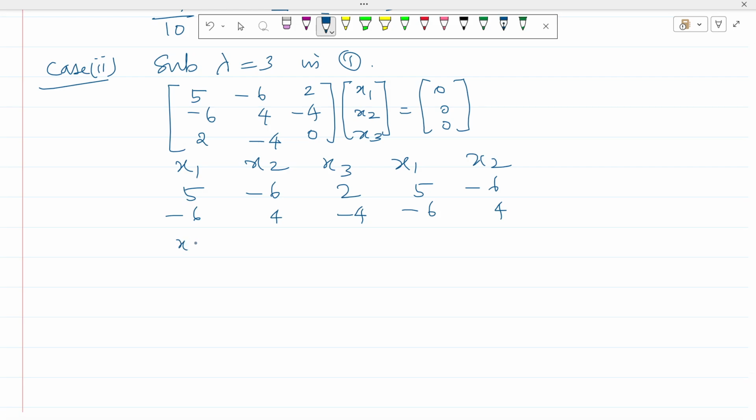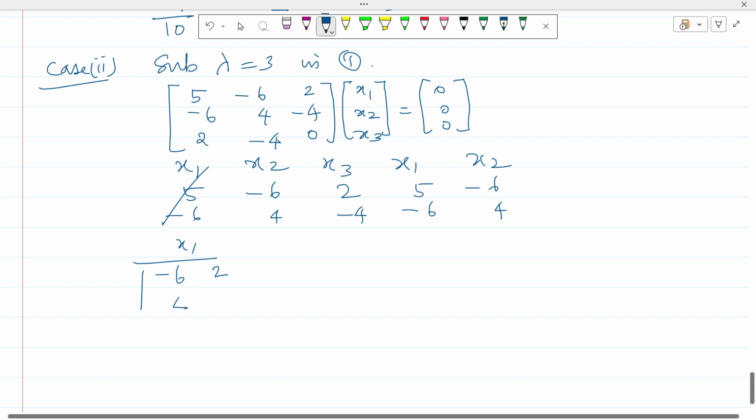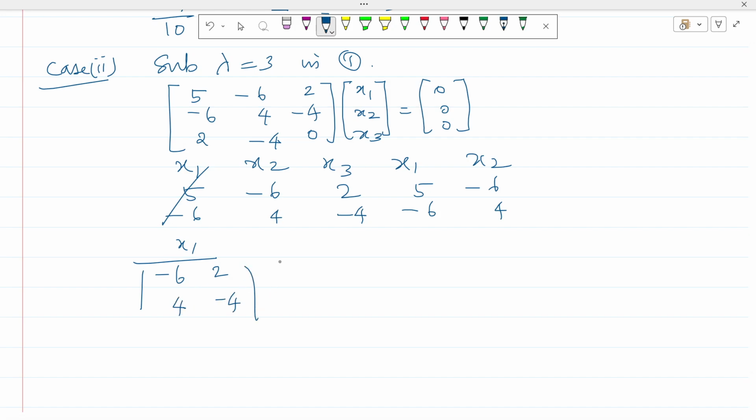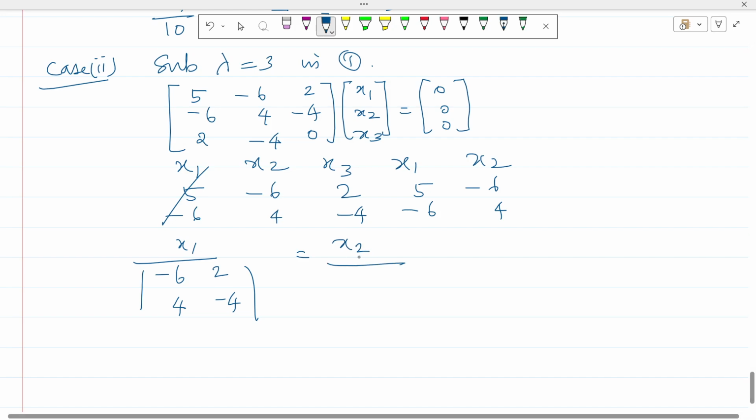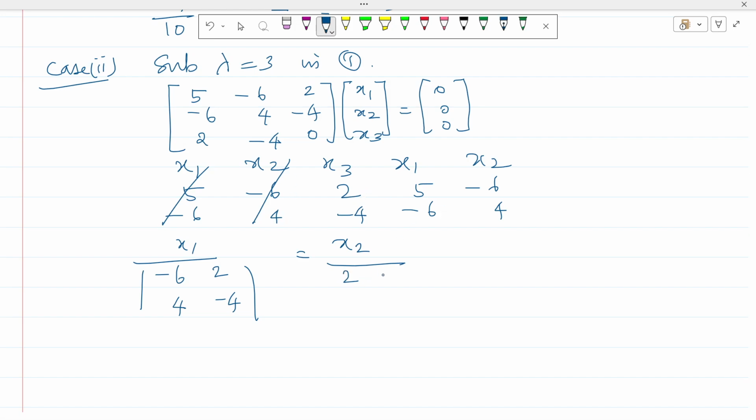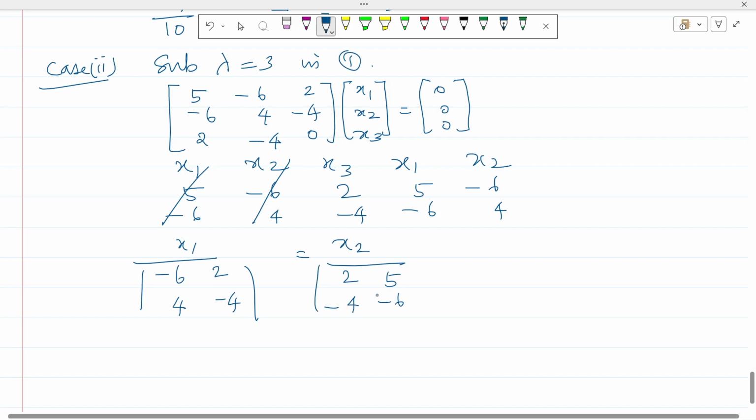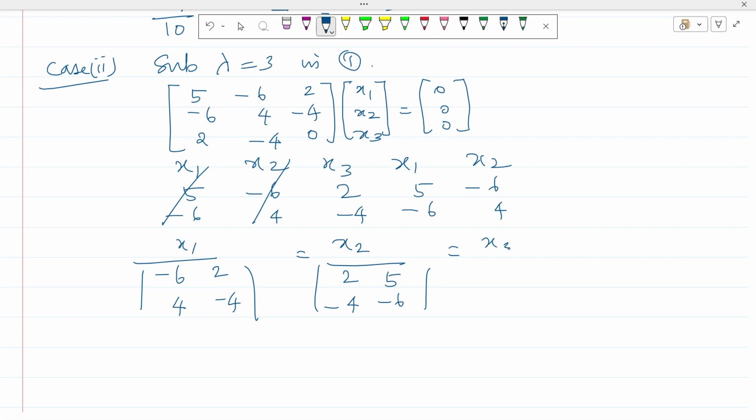For x1, leave the respective row: -6 2, 4 -4; for x2, leave the respective column, not row: 2 -2, 5 -4, -6; then x3.